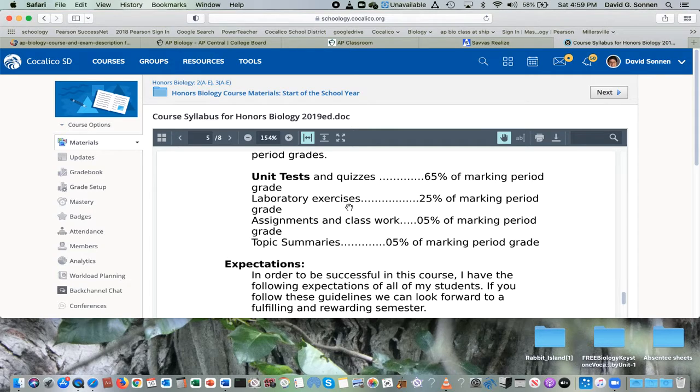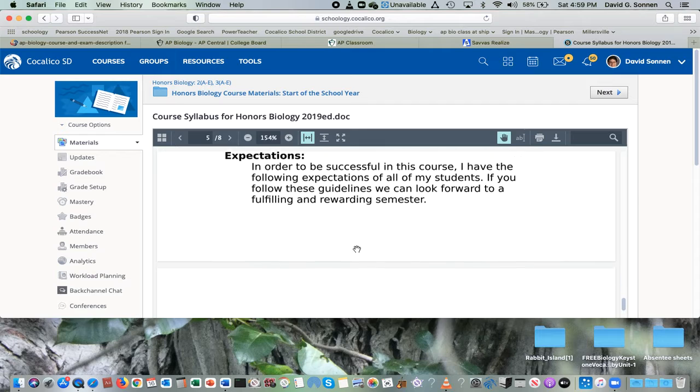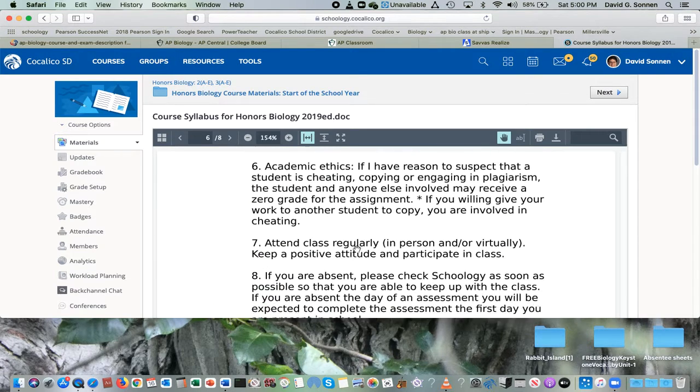That might be where they could upload a screenshot of a diagram they labeled or a chart where they identified organelles and their functions, just providing evidence that they did the content and they understand those objectives for that particular lesson or that particular topic.